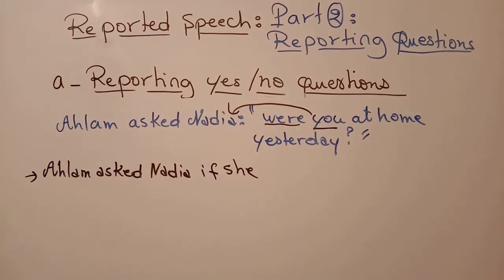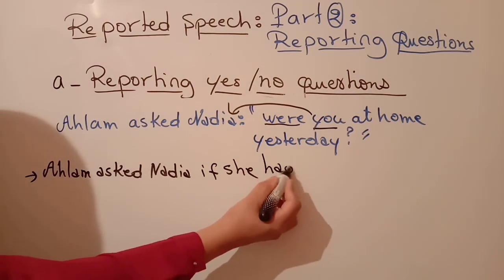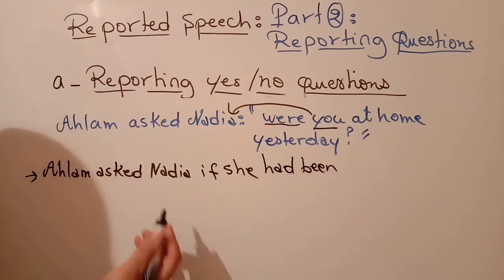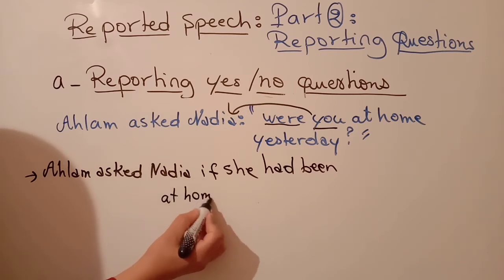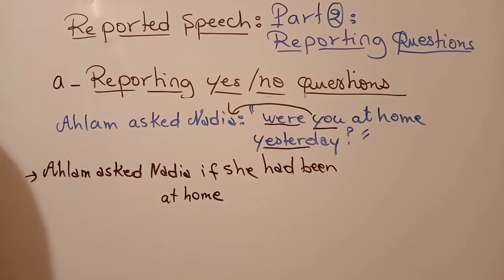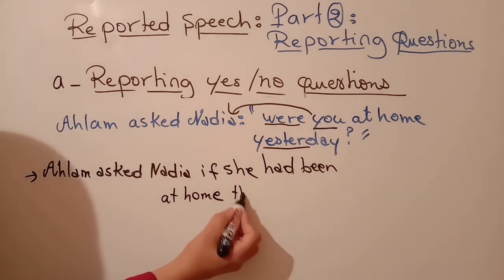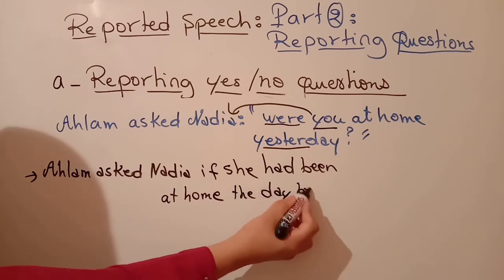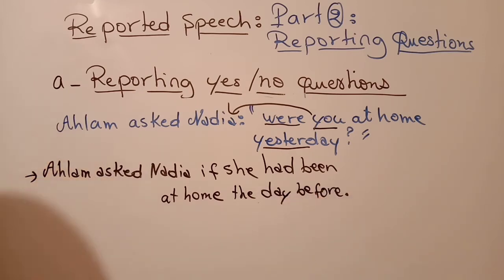The simple past becomes past perfect, which is had plus past participle of the verb. If she had been at home, and then yesterday changes into the day before or the previous day. So Ahlam asked Nadia if she had been at home the day before, right?